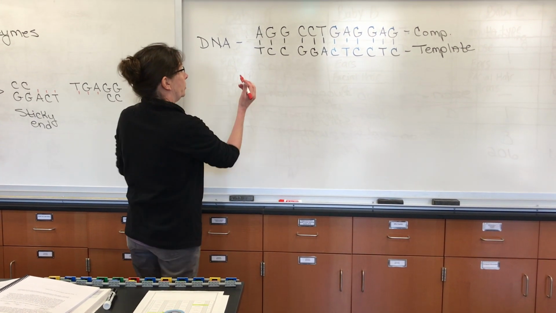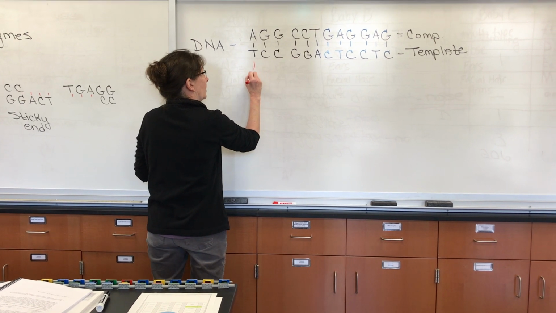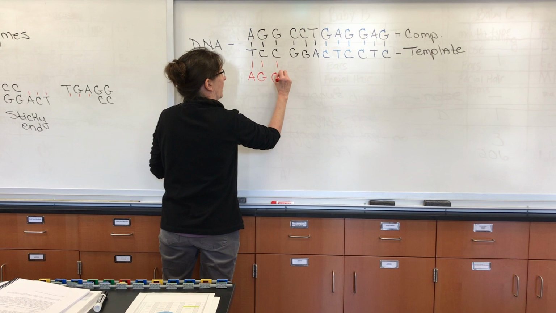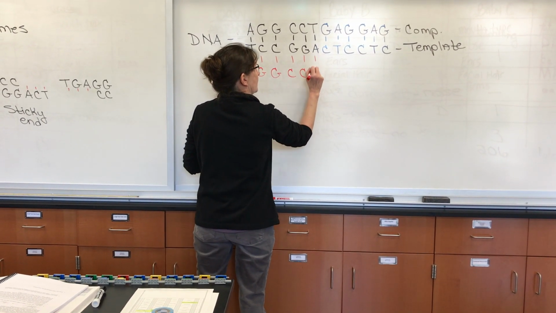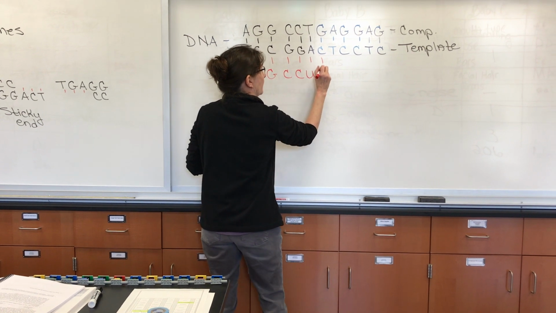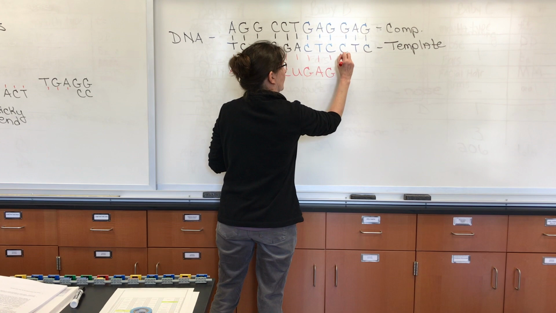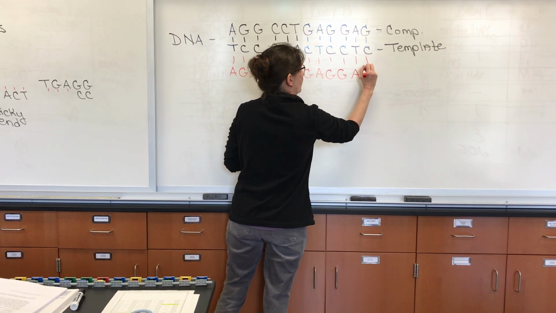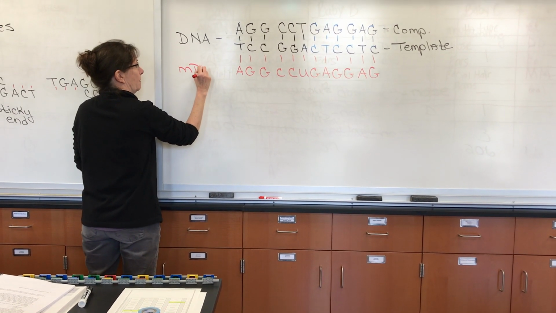A will go to U. So when we make our messenger RNA, we have AGG, CCU, GAG, GAG. And this is our messenger RNA molecule.